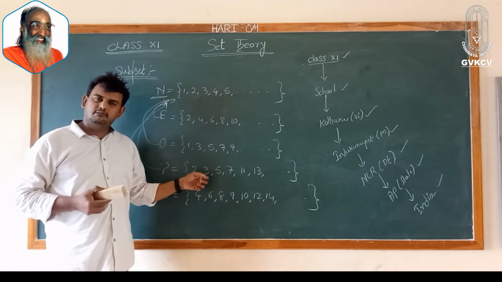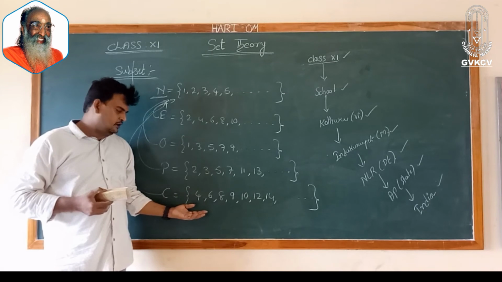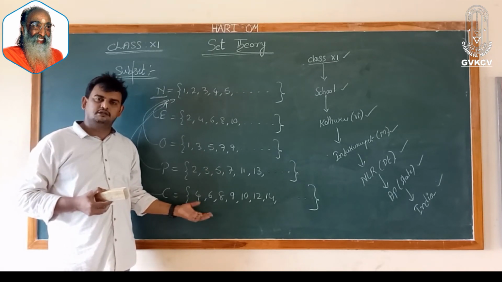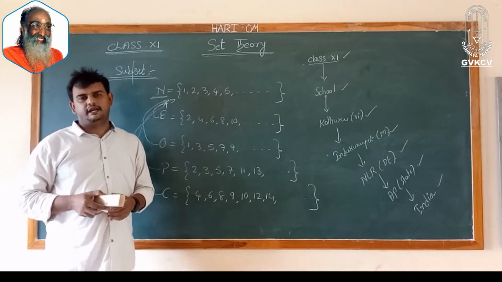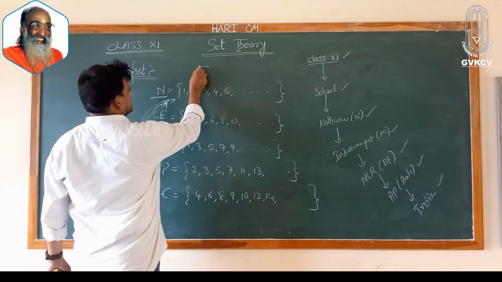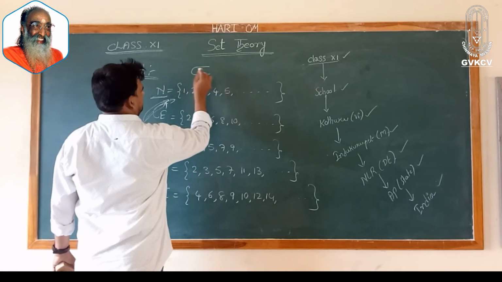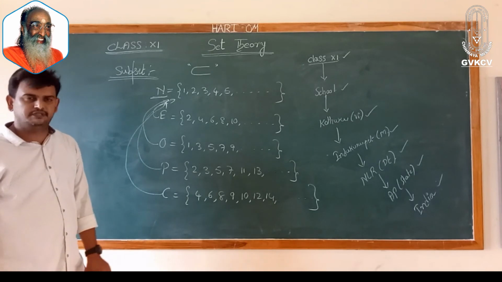Prime numbers are also a subset of natural numbers. Composite numbers are also a subset of natural numbers. So subset we denote with a symbol. So this is nothing but the symbol for subset.